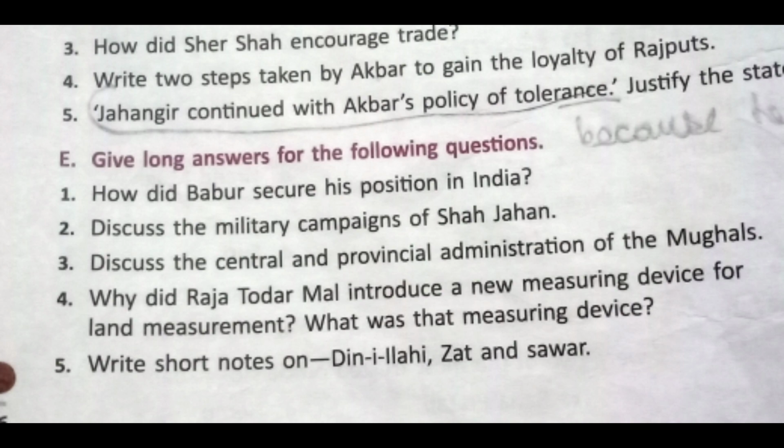And the next question is, why did Raja Todarmal introduce a new measuring device for land measurement? What was that measuring device? Answer: the new device was known as Todarmal's Bandobast. Under this system, the land was properly measured. In the past, it used to be measured with a rope.